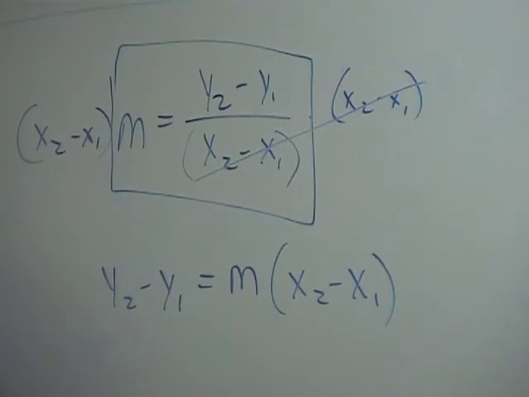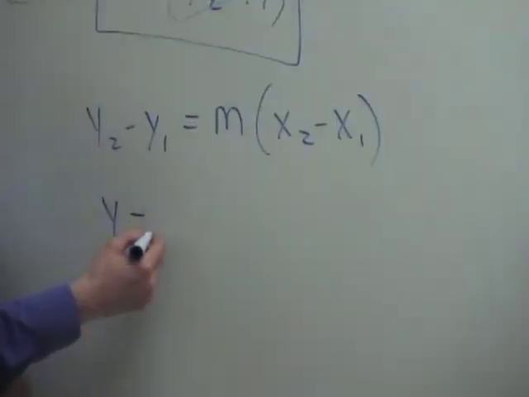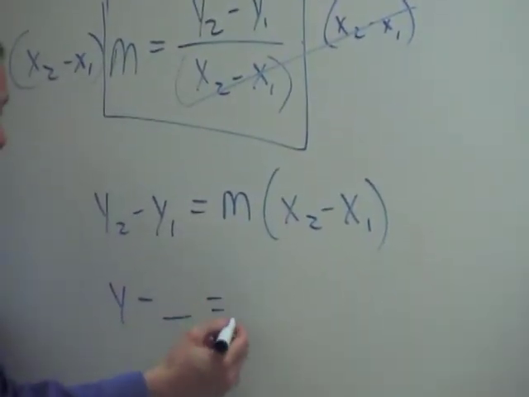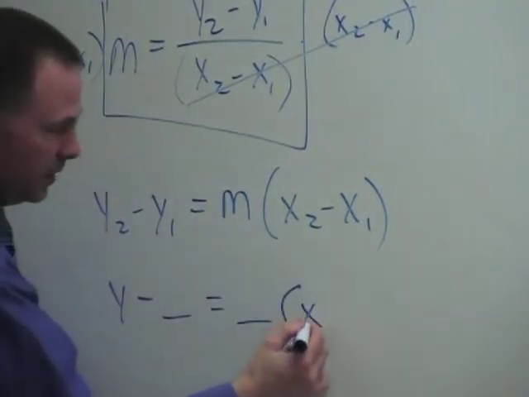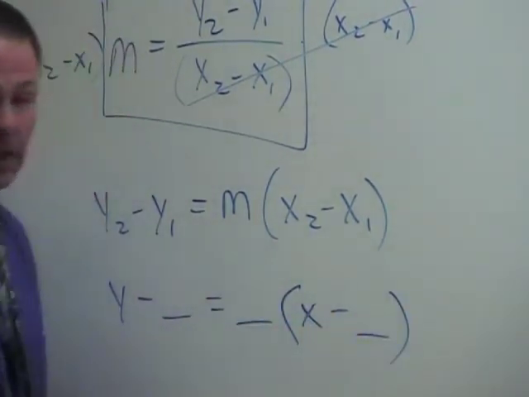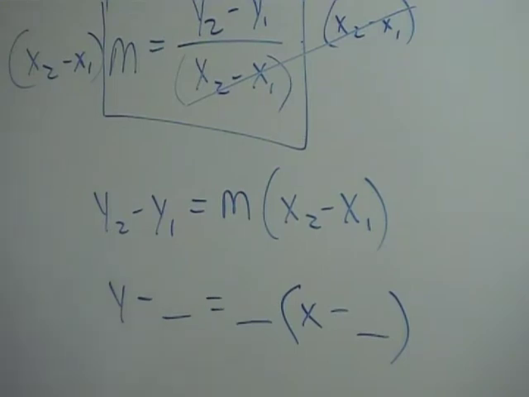But I don't have the second one. So really what you are going to look at is something like this: y minus whatever that y value is equals whatever your slope is times x minus whatever the x part of that coordinate was.